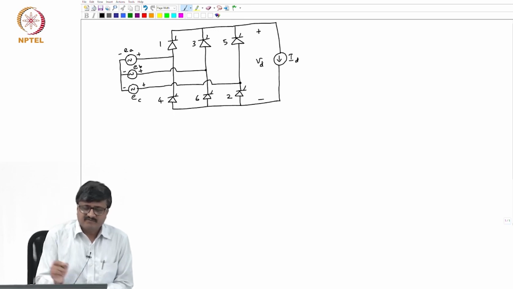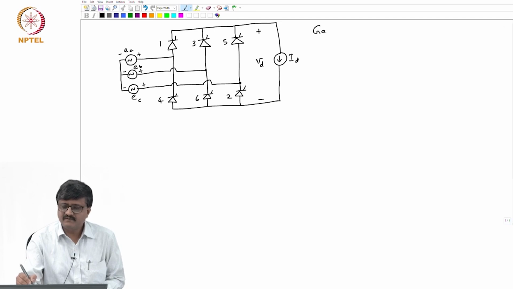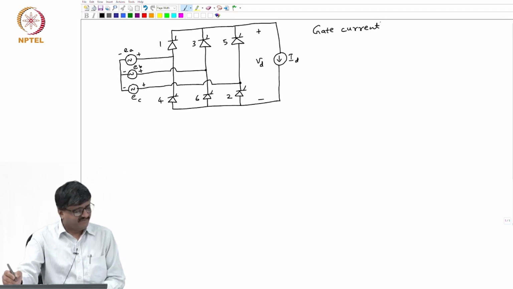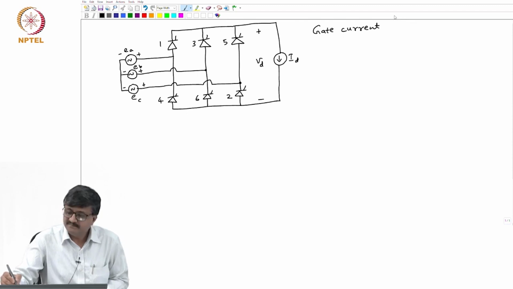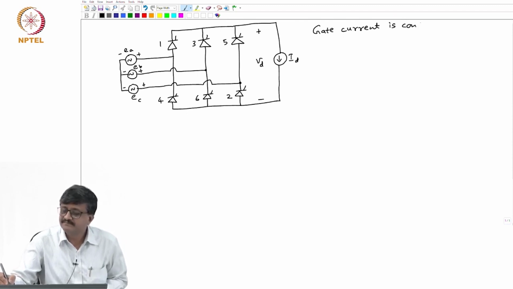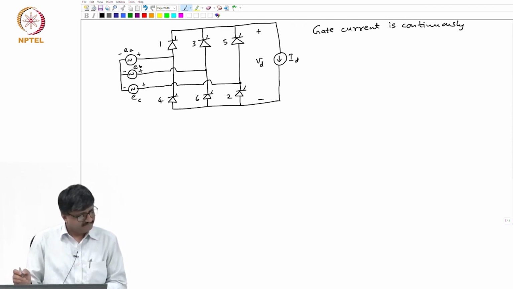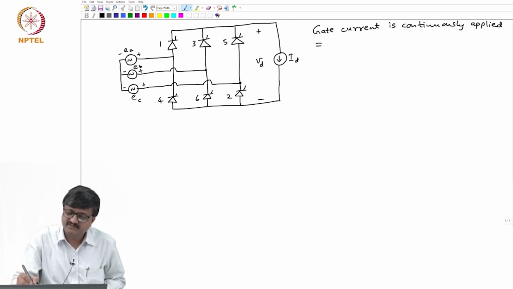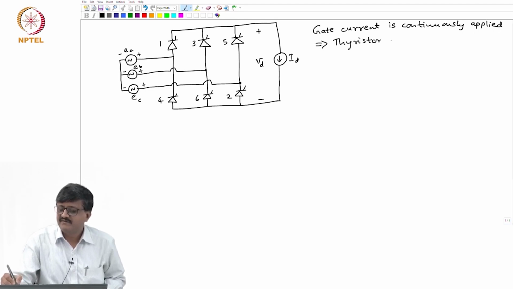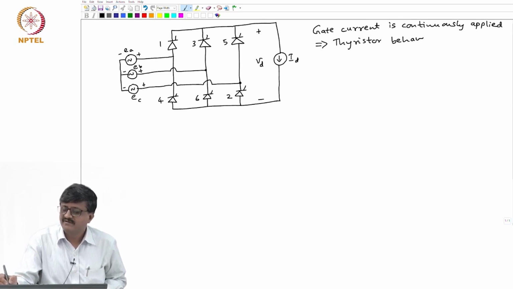So, if I say gate current is continuously applied, this is as good as saying that thyristor behaves as a diode.